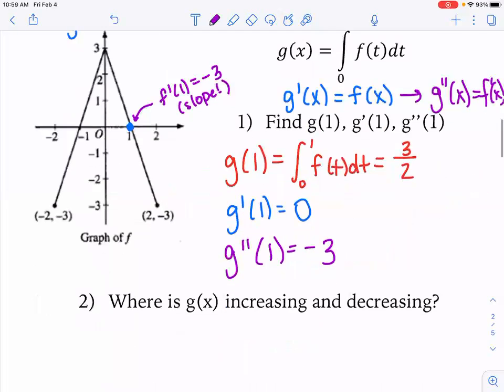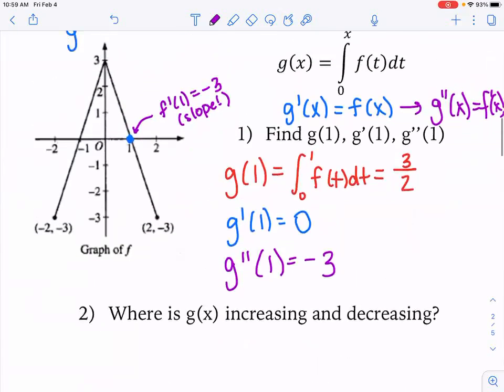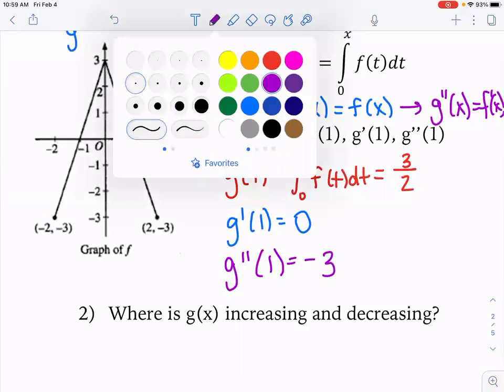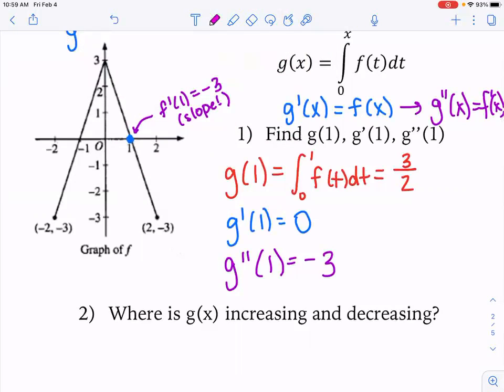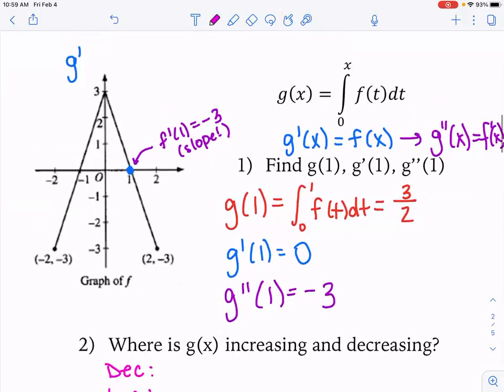Now, let's talk about where g of x is increasing and decreasing. This is good stuff. If I want to know where g of x is increasing and decreasing, then I want to know where our derivative is positive and negative. We decided that this graph of f is the derivative graph for g.